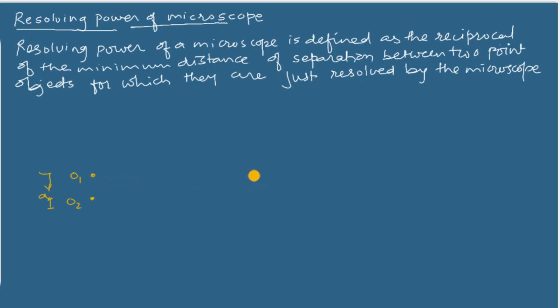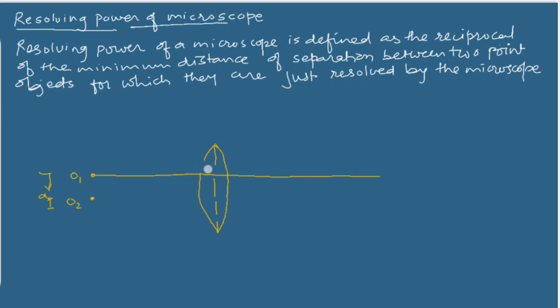Now, as we know, the microscope has an objective, so that lens I am drawing. This is the objective of the microscope. First we will see the first object. The rays are coming from it, and at the center it should be.